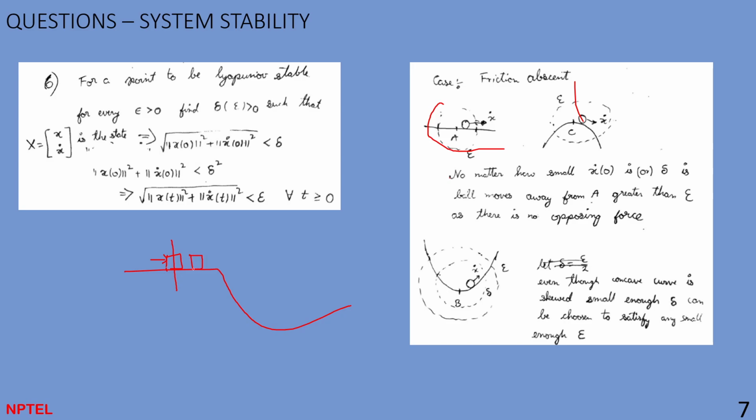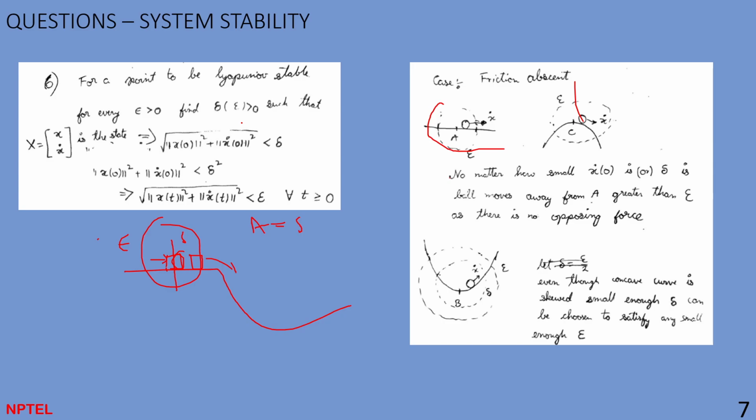But it won't go all the way here because the delta is very small. Basically it will remain in this epsilon only. So the first condition, A, is a stable condition.